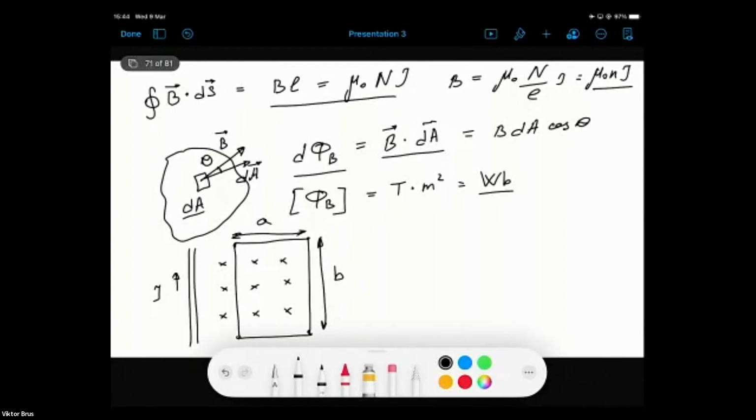So we can write that the total magnetic field flux FB will be equal to the integral over all the surface of this frame of the scalar product B vector dA vector.